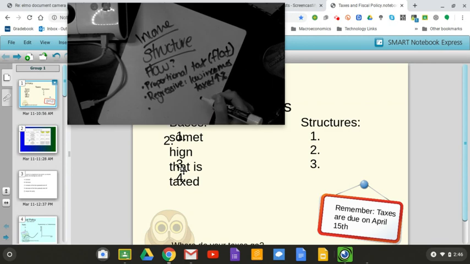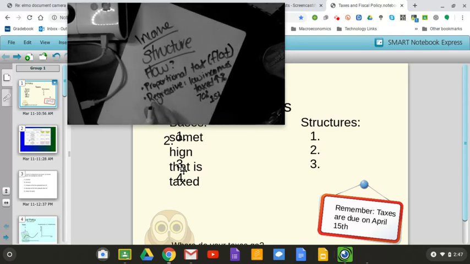So a low income may be taxed like 70% or something. But if you're rich, you might only be taxed like 15%. And so that's obviously penalizing the poor and taking from the poor and giving to the rich. It's kind of the opposite of what Robin Hood stood for. And there are no countries that have a regressive tax structure on income.